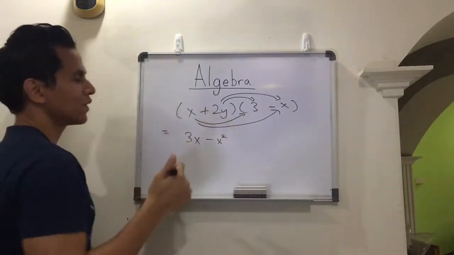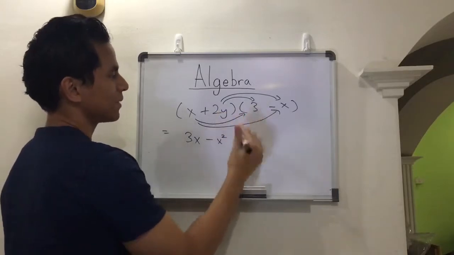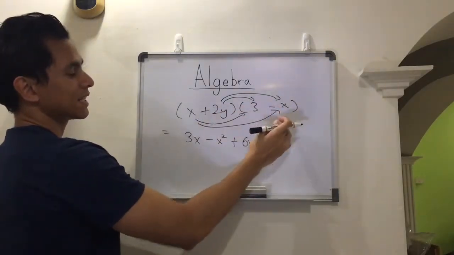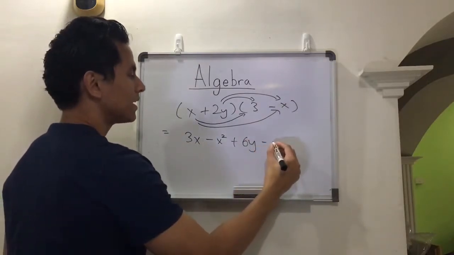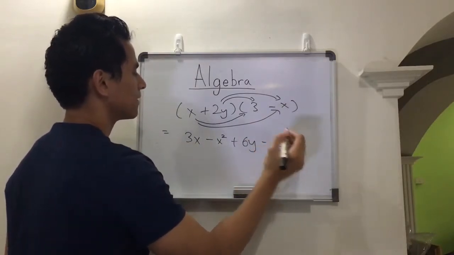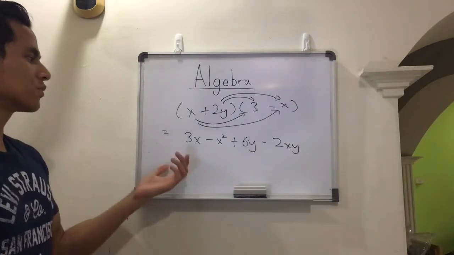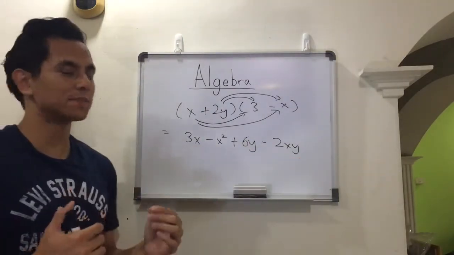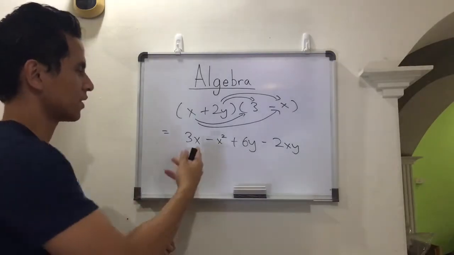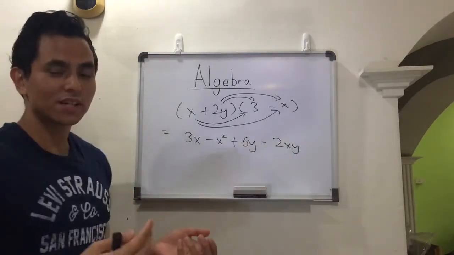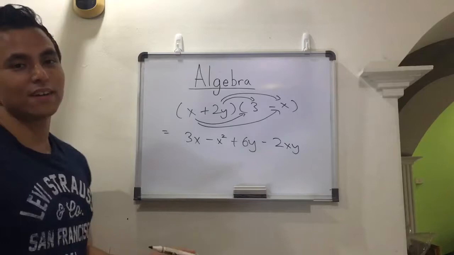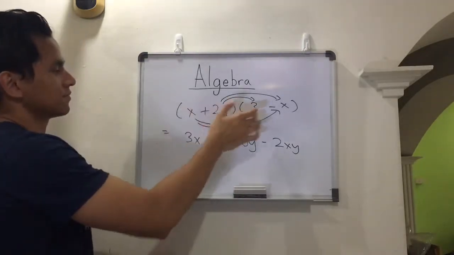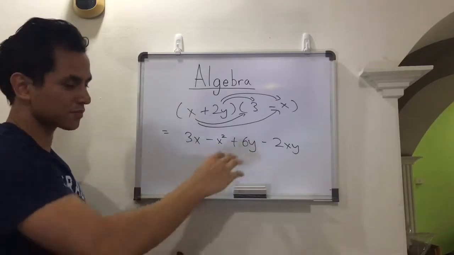Now 2y multiplied by 3 gives us 6y, and 2y multiplied by negative x gives us minus 2xy. So we have our 4-term solution, and can we simplify this any further? Let's take a look. All of them are different terms, hence we can't simplify it further. So this would be the final answer.